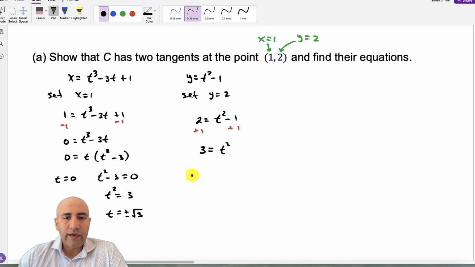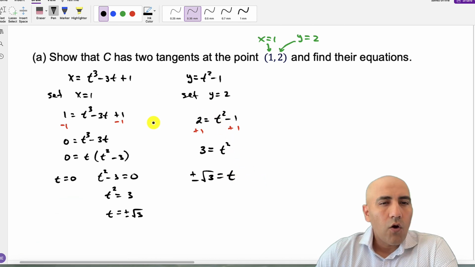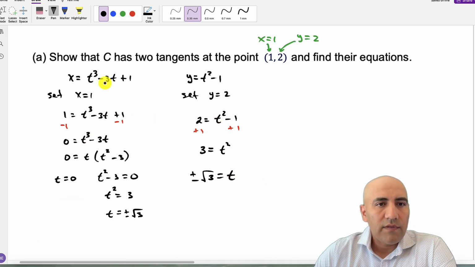And so when we solve, we get t = plus or minus root 3. Okay, so this means that the x coordinate is equal to 1 at 3 different points, at 0 and at plus or minus root 3. On the other hand, y is equal to 2 at 2 different points, at plus or minus root 3.